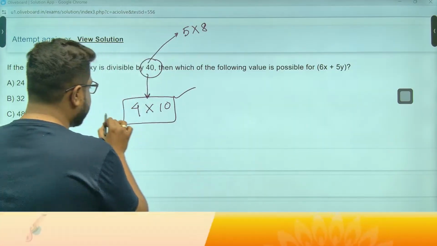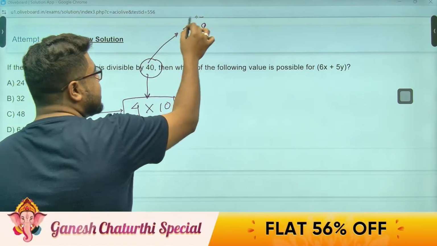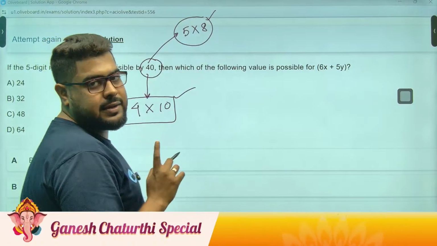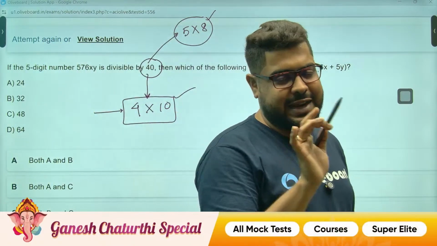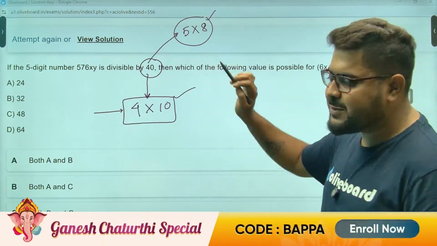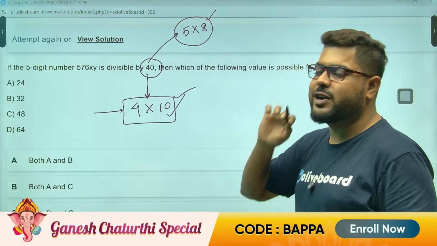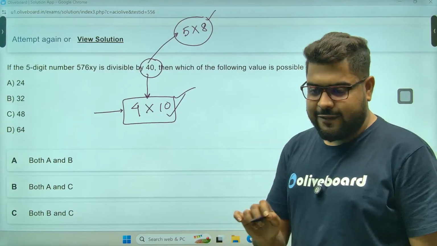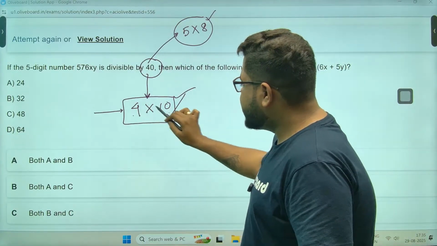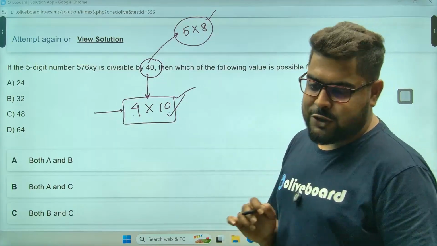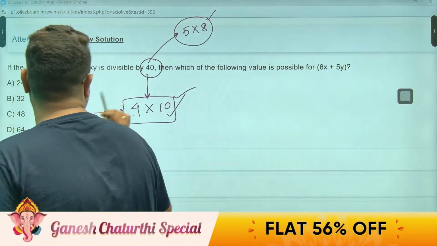If you look from this lens, it is easier. This might become a little difficult. But again, 4 into 10 has a technical fault, but this question will be done. I will do this by 4 into 10 only. The technical fault is these are not co-prime numbers.